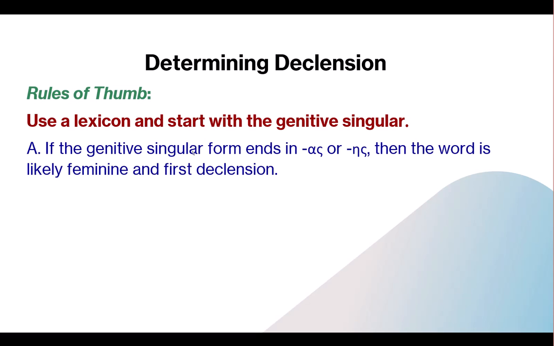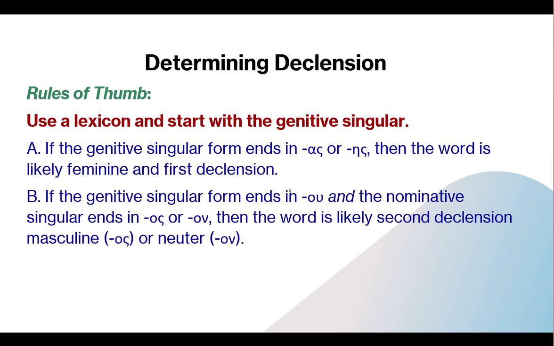If the genitive singular form ends in alpha sigma or eta sigma, then the word is likely feminine and first declension. Remember, these are rules of thumb.